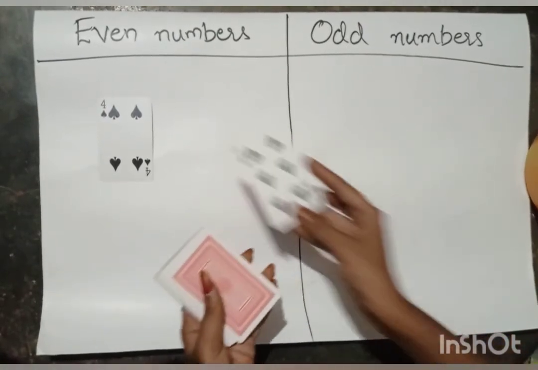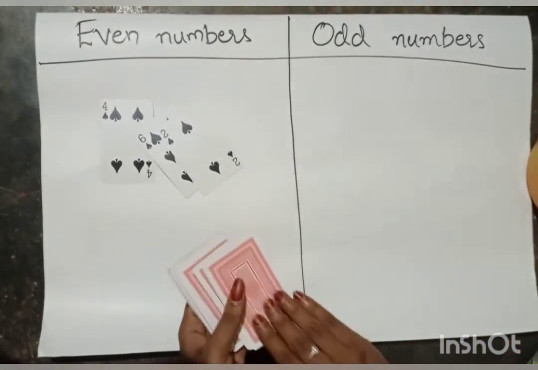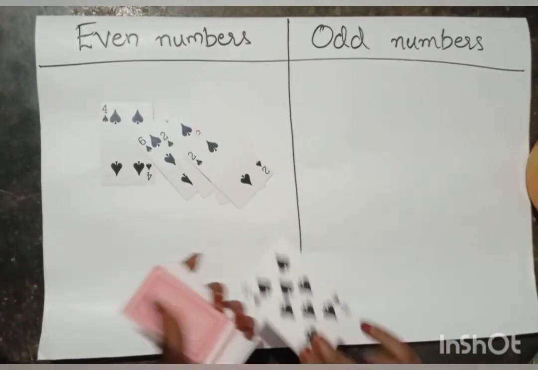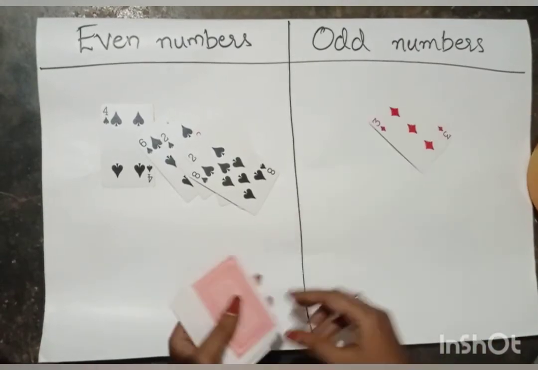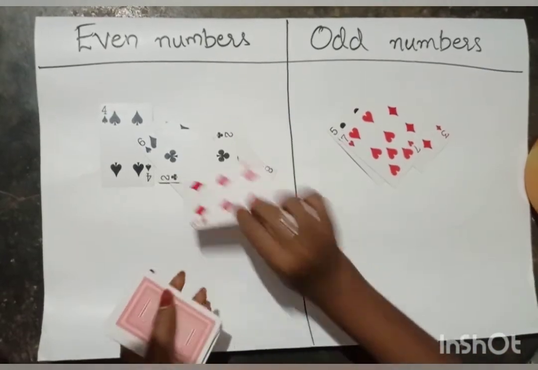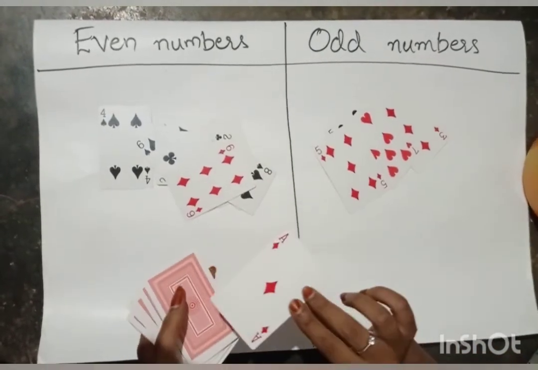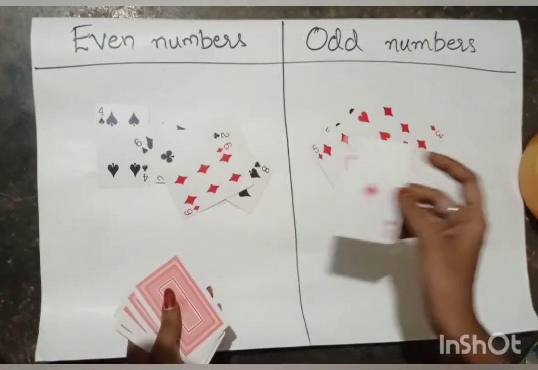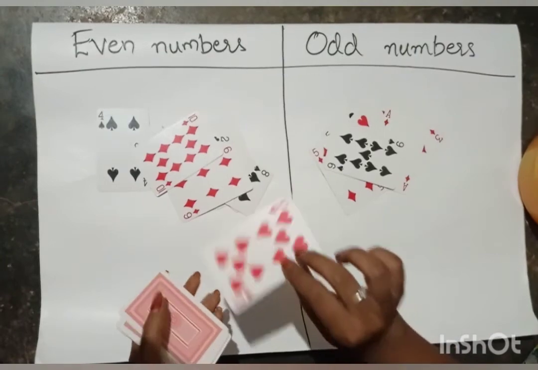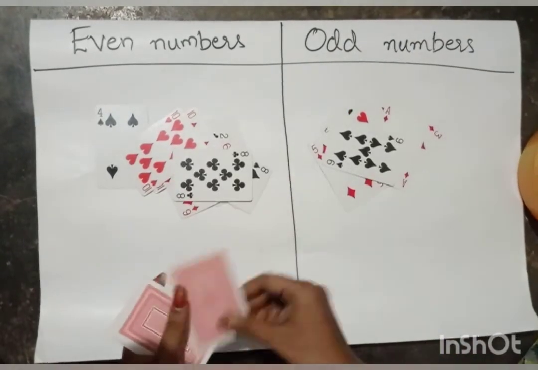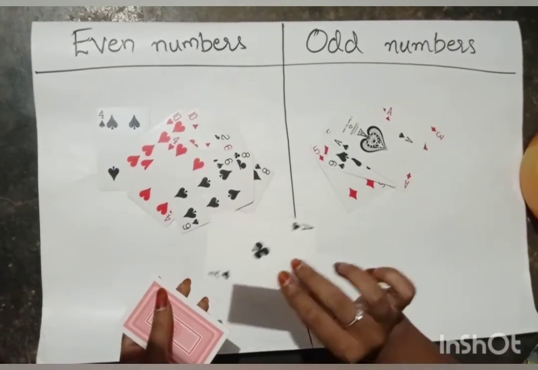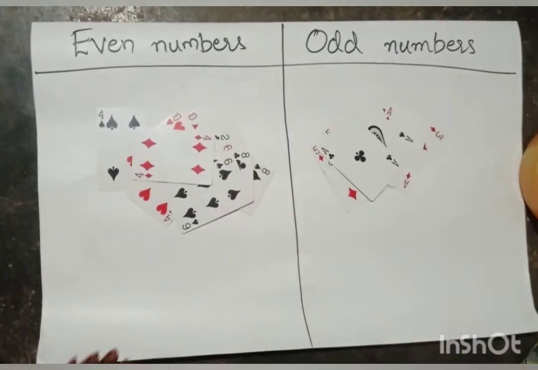Let's see. 6, again an even number. 2 even, 2 even, 2 even, 8 even, 3 odd, 5 odd, 2 even, 7 odd, 6 even, 5 odd. It is 1, okay? So 1 is also an odd number. 10 even number. 9 odd number. 10 even, 8 even, 4 even, 6 even, 1 odd, 1 odd. Then 4 even, like that.